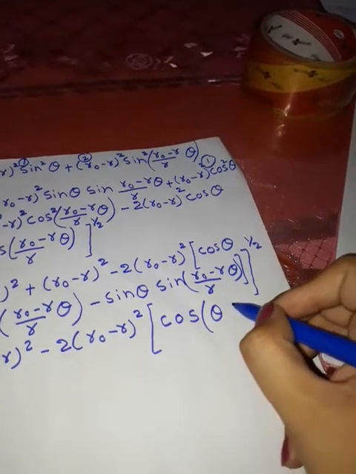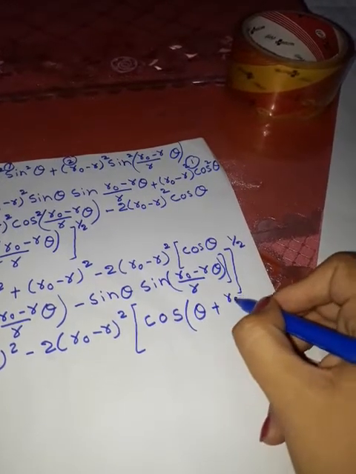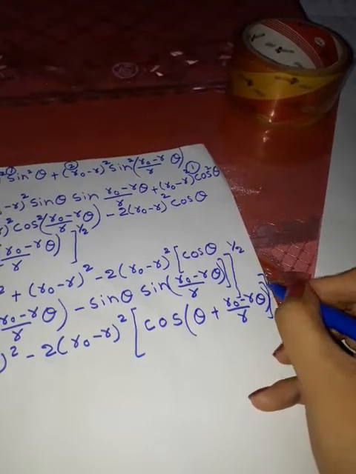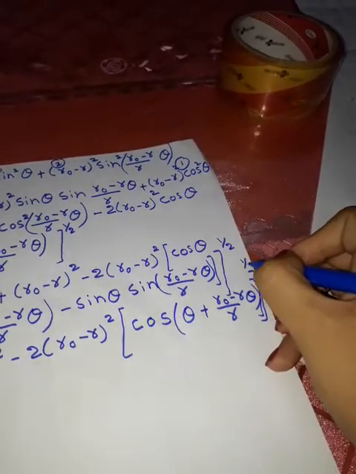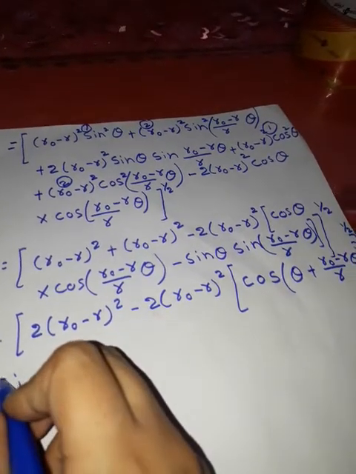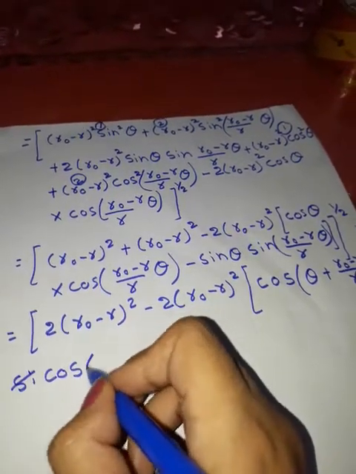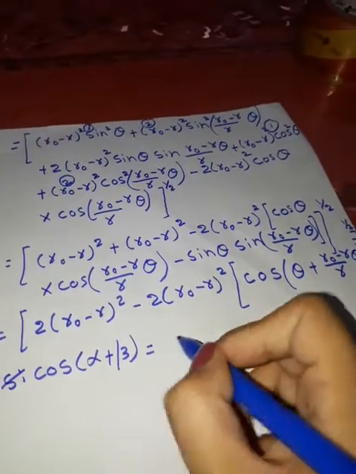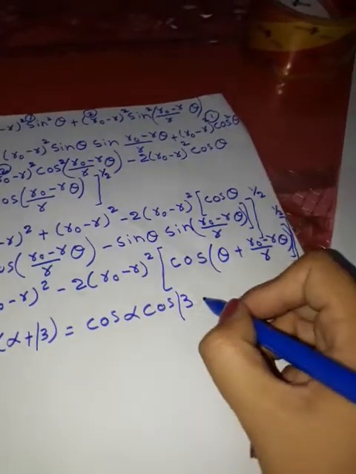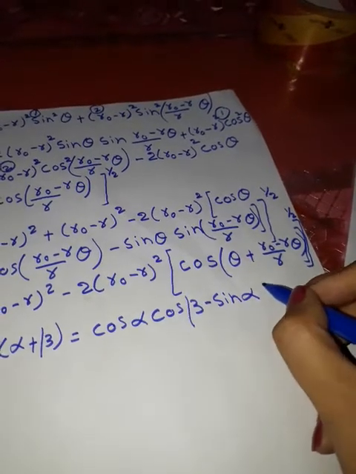Cos of theta plus r naught minus r divided by r theta, by using the identity cos alpha plus beta is equal to cos alpha cos beta minus sin alpha sin beta.